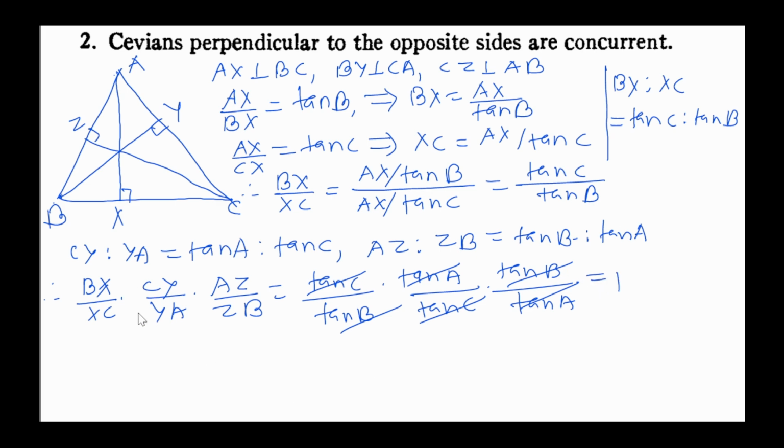Therefore, the condition BX upon XC into CY upon YA into AZ upon ZB is equal to 1 is satisfied. Therefore, the Cevians AX, BY, and CZ are concurrent.